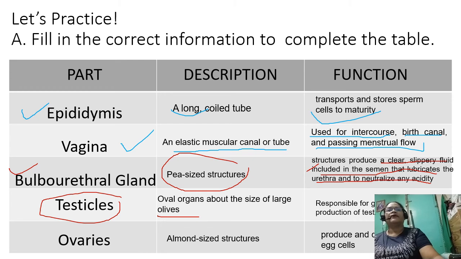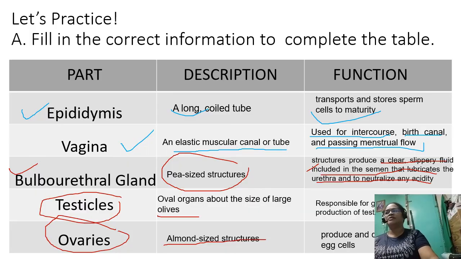And the testicles are responsible for generating sperm and production of testosterone. And lastly, you have the ovaries, which is an almond-sized structure, and it produces and develops the egg cell.